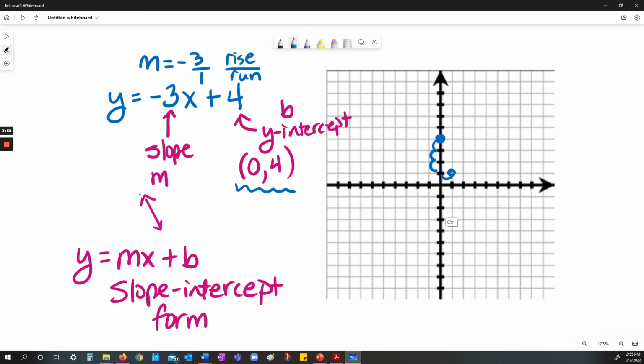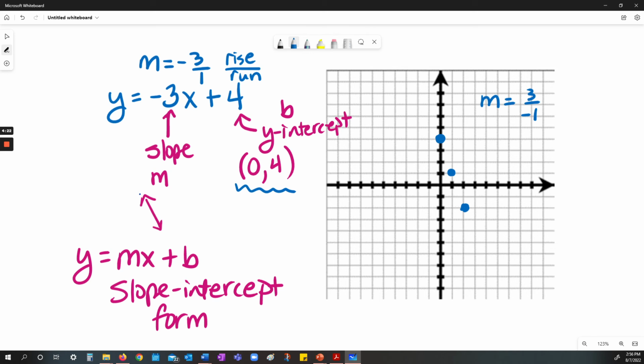Let me get rid of those little goofy marks. So down 3, right 1. I could do that multiple times, down 3, right 1, and I'm still going to have a point on the line. I could also, if I wanted to get cheeky, think of this as, instead of negative 3 over 1, 3 over negative 1.